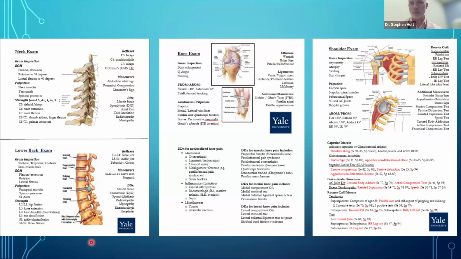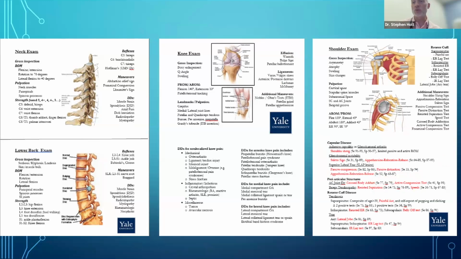So it's about getting people comfortable using these cards. On the shoulder exam one, we even included, on the back of the card, some pathology and the sensitivity and specificity of specific exam maneuvers based on the current literature on physical exam test characteristics. So those are the laminated cards that we have.